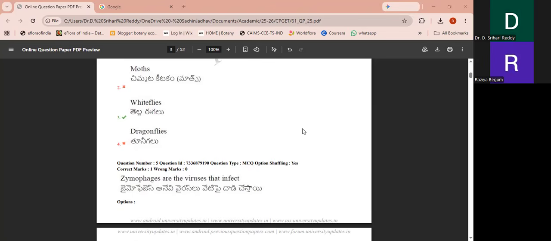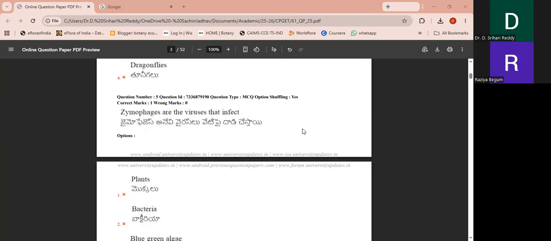So one more thing here, fifth question, that is, zymophages are the viruses that infect. So you see virus, different kinds of the virus. So all these, they require a host.